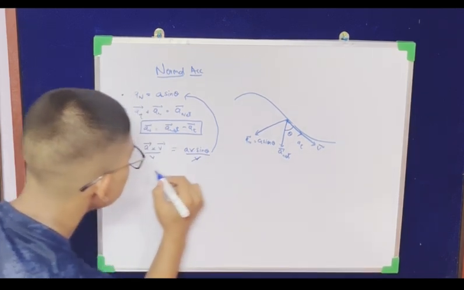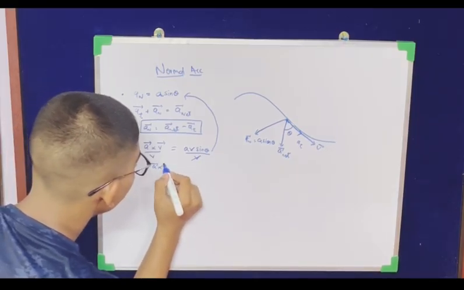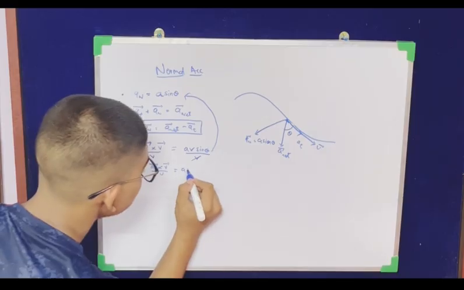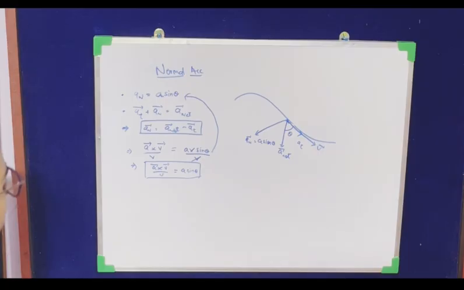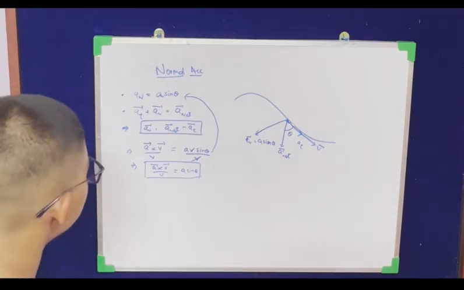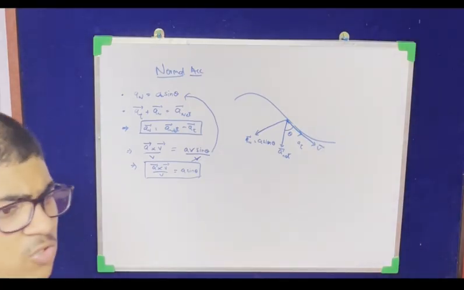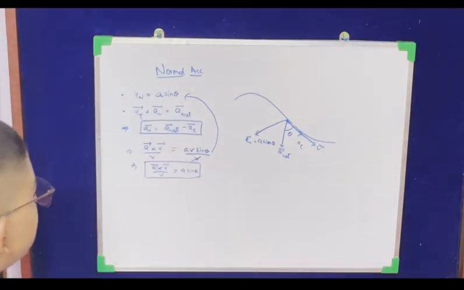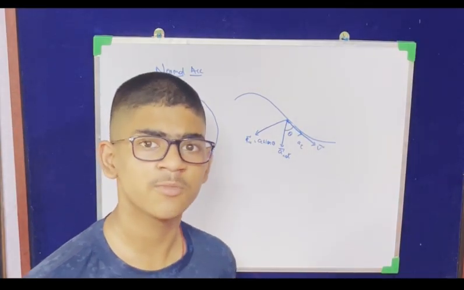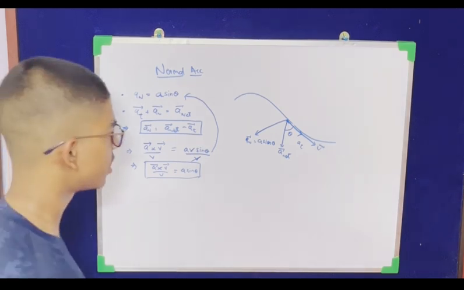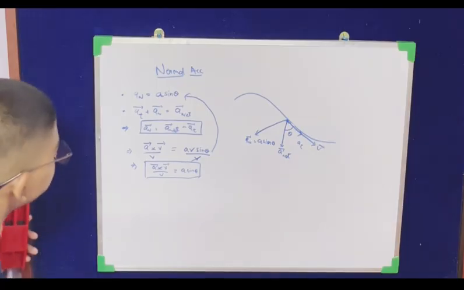So v gets cancelled and this becomes a cross v divided by v, which equals a sine theta. This is also an important formula. This kind of thing is known as manipulation skills, and it is often used in physics and mathematics. If we develop these skills, we will be good at trigonometry, probability, and also calculus, specifically integration. These are skills we have to develop, right?